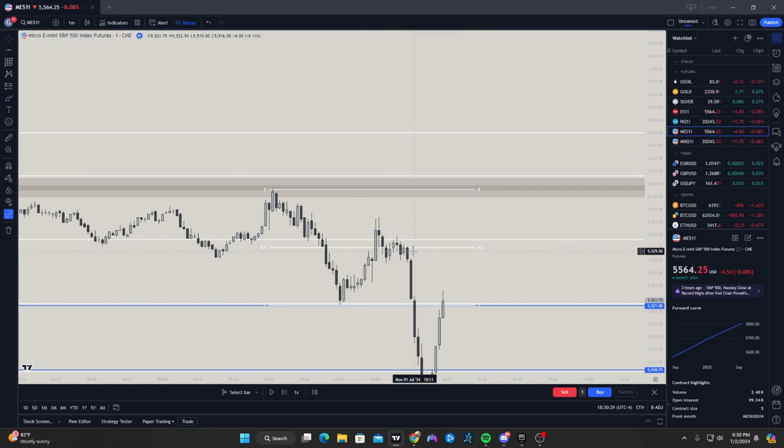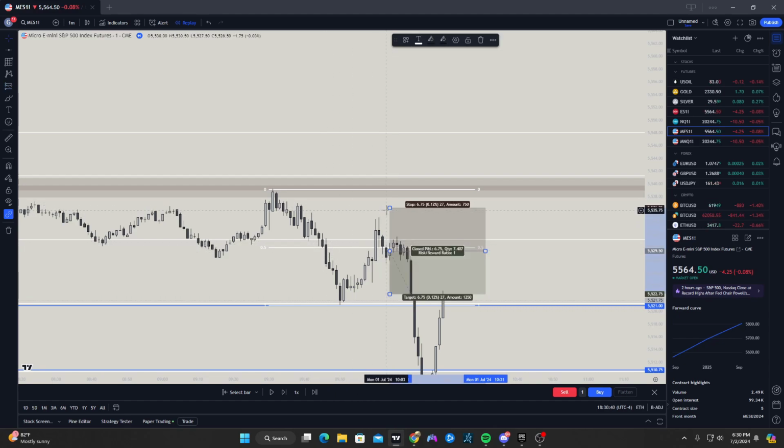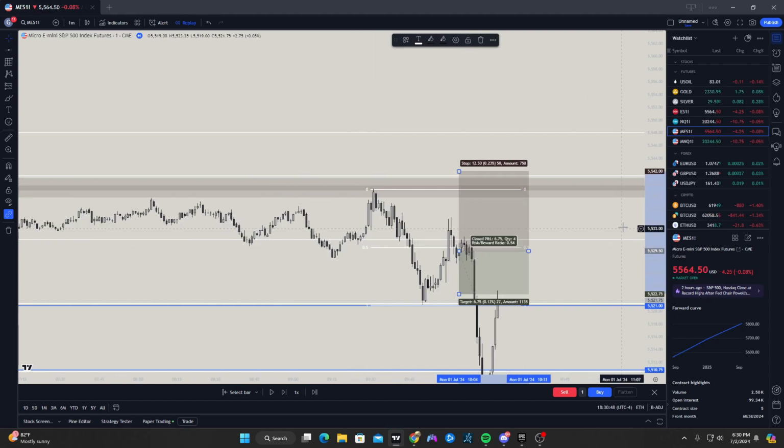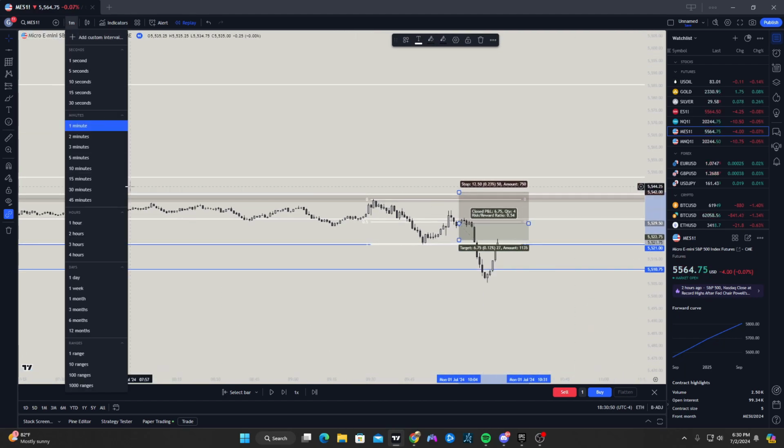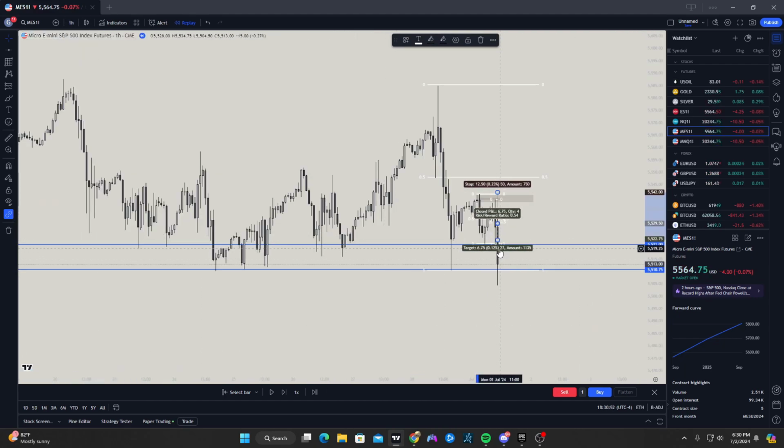Let's delete these real quick. So if we were actually live trading, right where we should have entered the position was right about here, and I would have set my stop losses above this liquidity. Let's just do 50 ticks just to be safe, give this room to breathe.